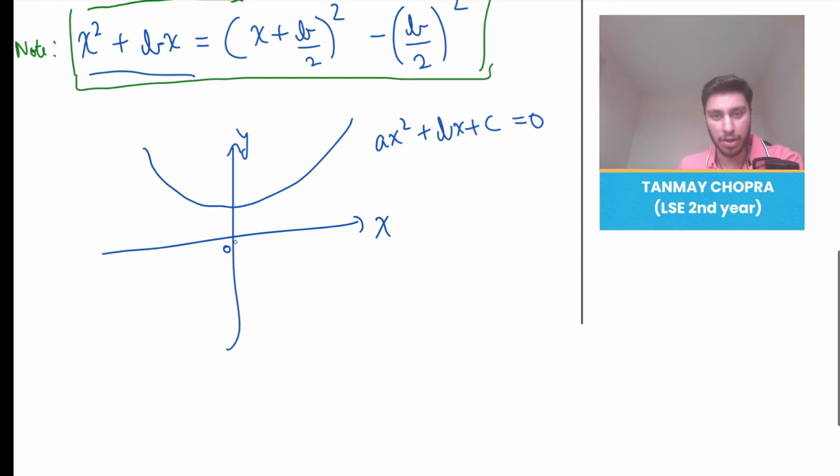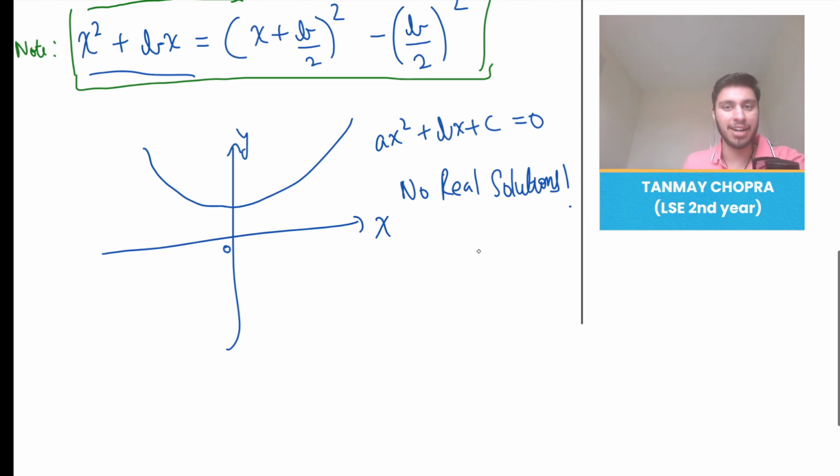So where is y equal to 0 in this case? y equals 0 is the x-axis, but this quadratic never touches the x-axis. So this quadratic has no real solutions. It never touches the x-axis. So that's what I meant to say, that some quadratics do not have real solutions. Okay, now let's look at a harder example of completing the square.